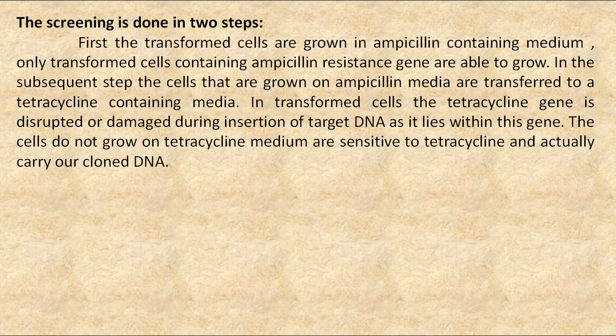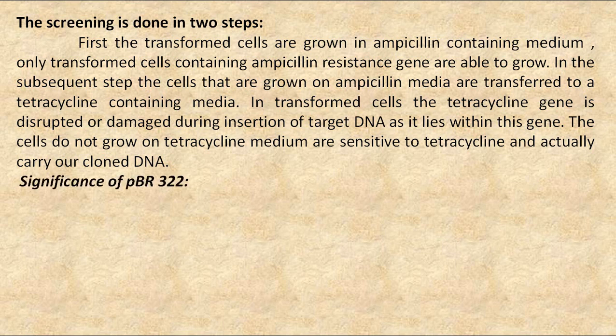In transformed cells, the tetracycline gene is disrupted or damaged due to insertion of target DNA, as it lies within this gene. The cells that do not grow on tetracycline medium are sensitive to tetracycline and actually carry our cloned DNA.